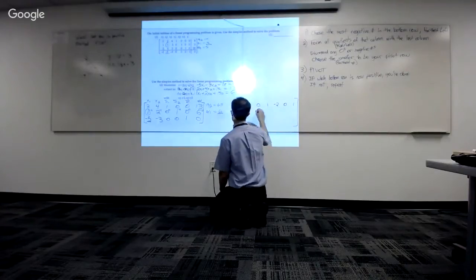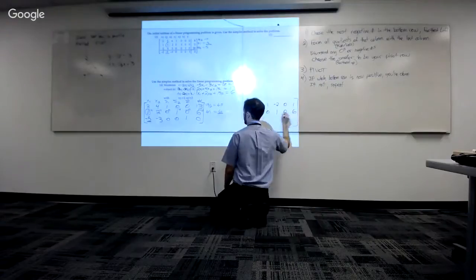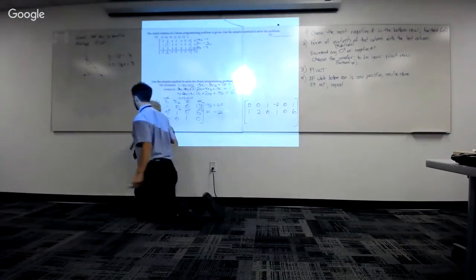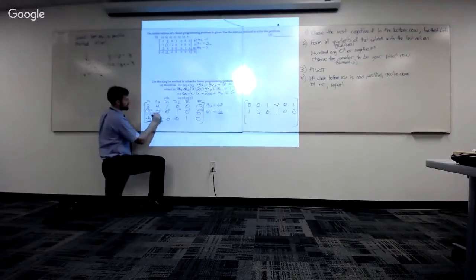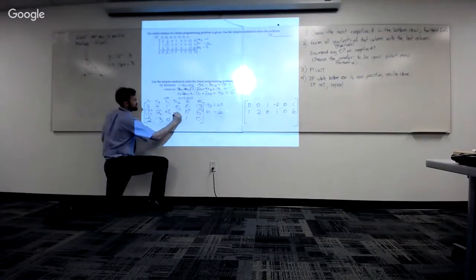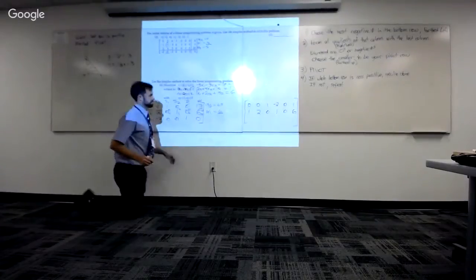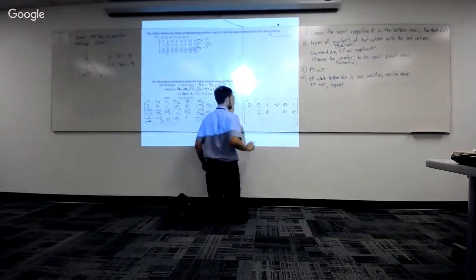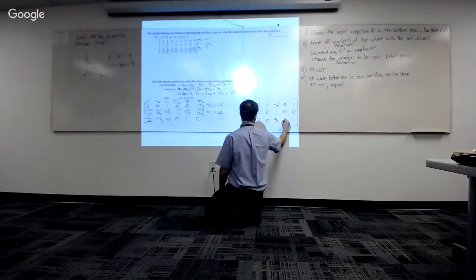I get to keep my middle row because that's already a 1 that I want. And then for the bottom, I have to cancel a negative 5, so I multiply the whole row by 5. Adding that into my bottom row, I get 0, 7, 0, 5, 1, and 30.